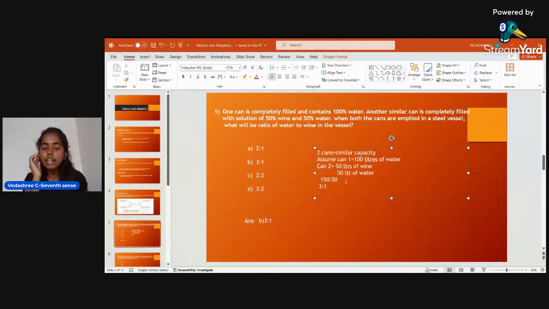So the ratio of water to wine is 150 is to 50, which is nothing but 3 is to 1.